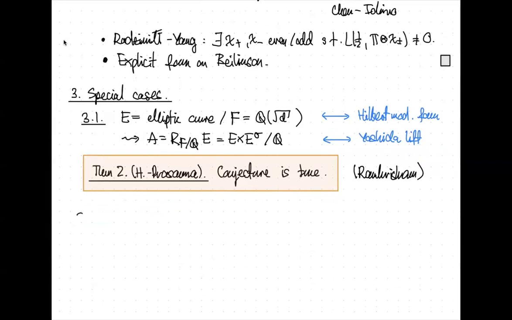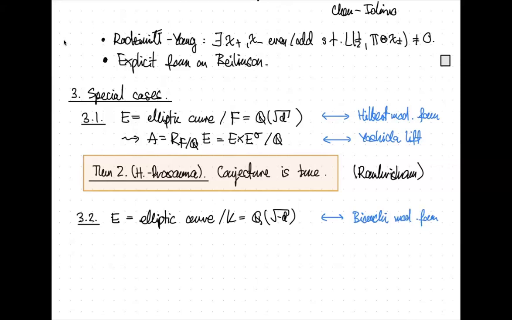Okay, and then I just want to finally connect things back in the case of an elliptic curve over k, where k is Q(√-d). We already discussed this case, right? This is where you have a Bianchi modular form. And once again, you can produce the restriction of scalars. This will be, again, a Yoshida lift in some sense of the Bianchi modular form.